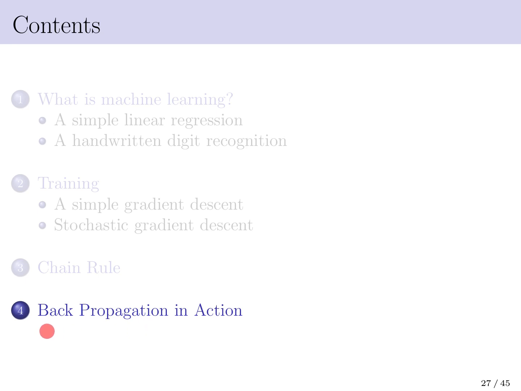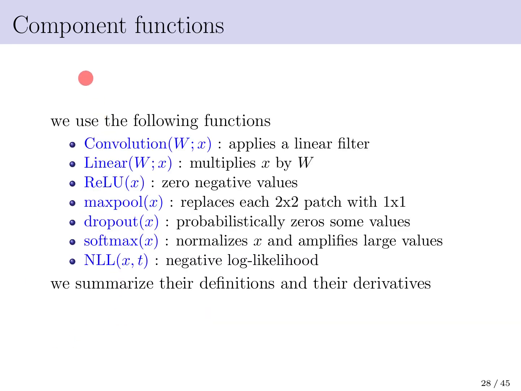So in this section, we go through many component functions used in the neural network we have. So here are the functions used in the neural network we are using: convolution, linear, ReLU, and other things.